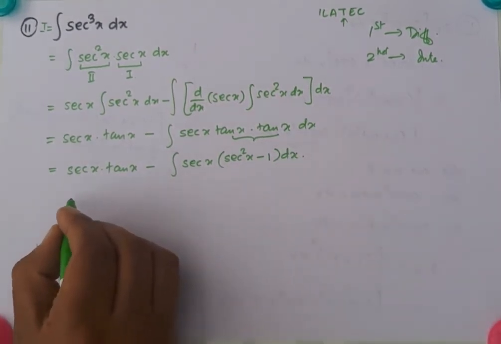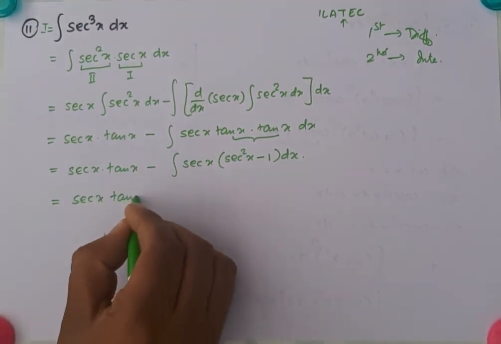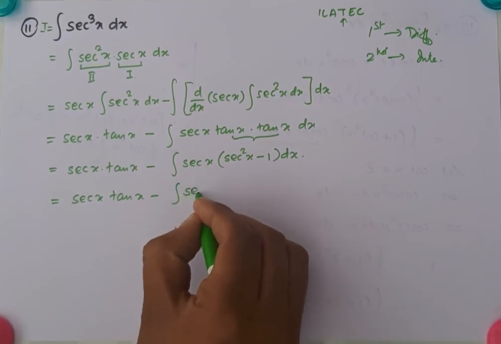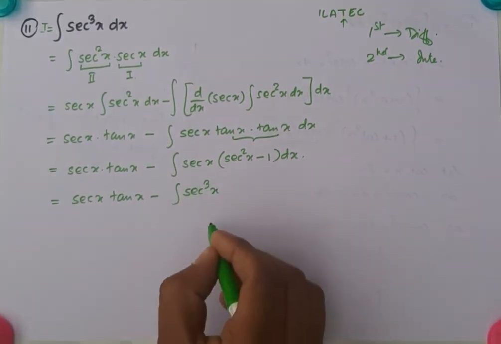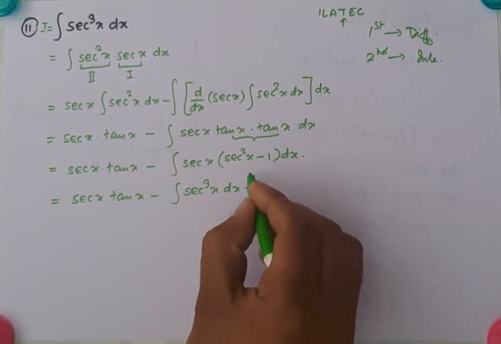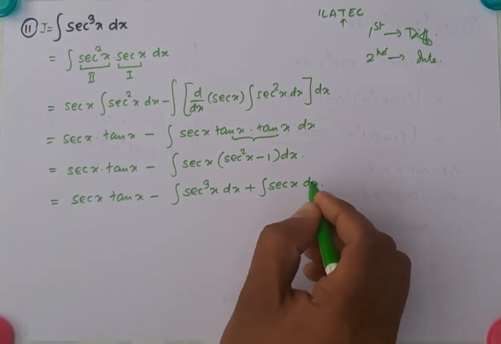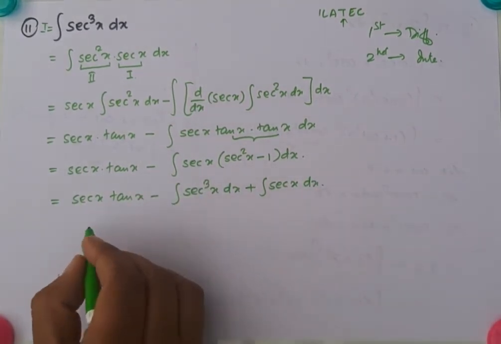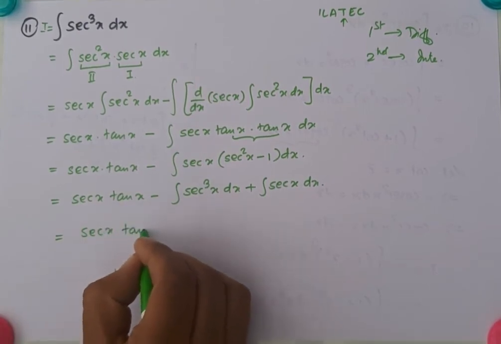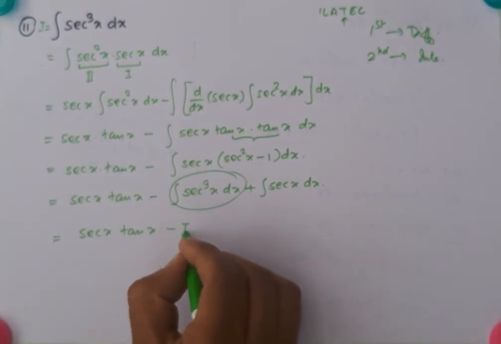So in that case this becomes sec x tan x minus, open up the bracket, integral of sec cube x dx plus, minus into minus is plus, integral of sec x dx. Now see here carefully, this is sec x tan x. Now isn't the integral of sec cube x the same thing? So can I write this as I?